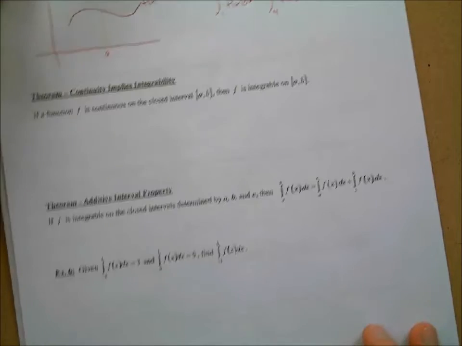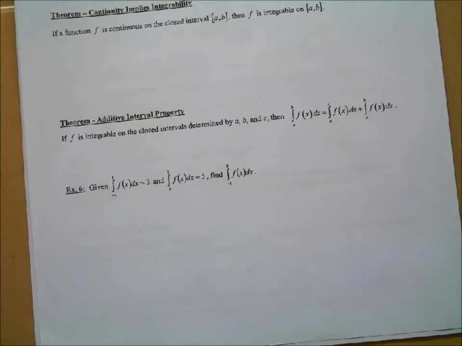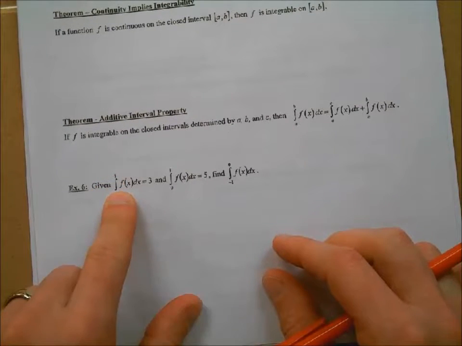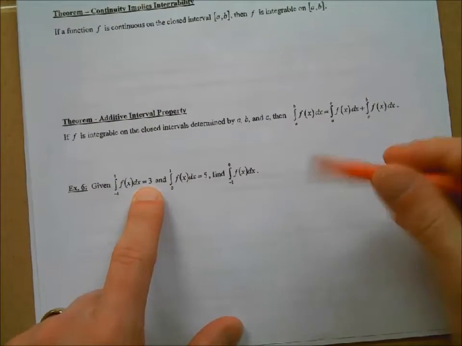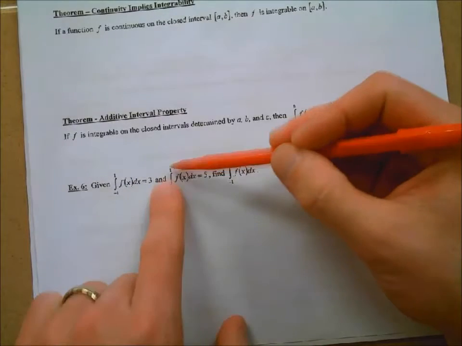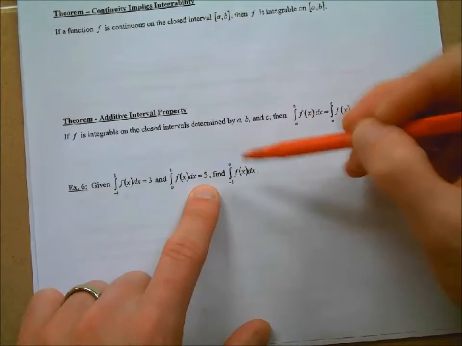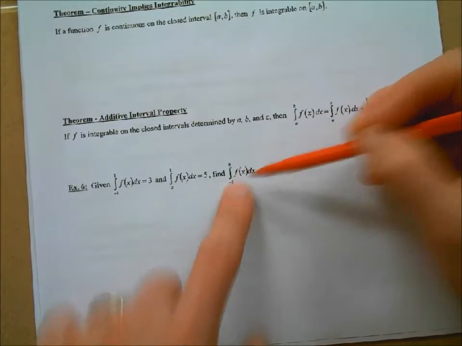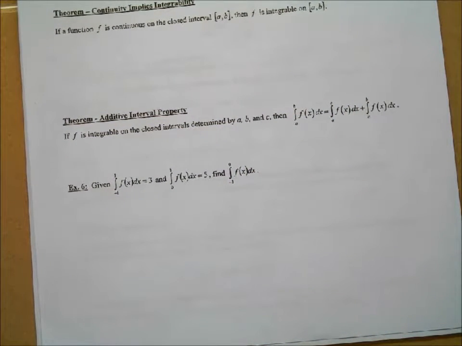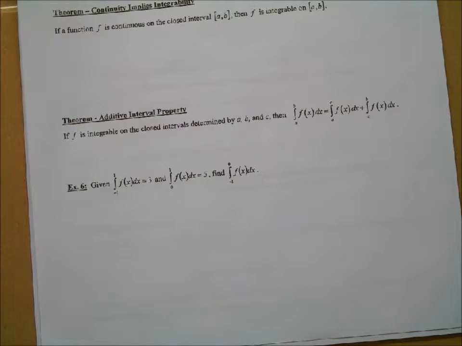All right. So let's take a look here at example 6, right? Given that the integral from -1 to 1 of a function is a value of 3, okay, and the integral from 0 to 1 of f of x dx is 5, then what is the integral from -1 to 0 of f of x dx? What must it be? -2? Okay. So how'd you get that, Lander?